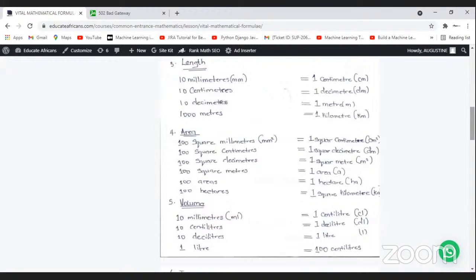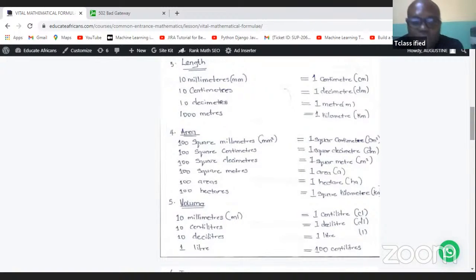Now, whenever we're talking about square millimeter, square centimeter, square decimeter, square meters, then we're talking about what? Area. Good. So 100 square millimeters is the same thing as saying 1 square centimeter, and 100 square centimeters is the same as 1 square decimeter.